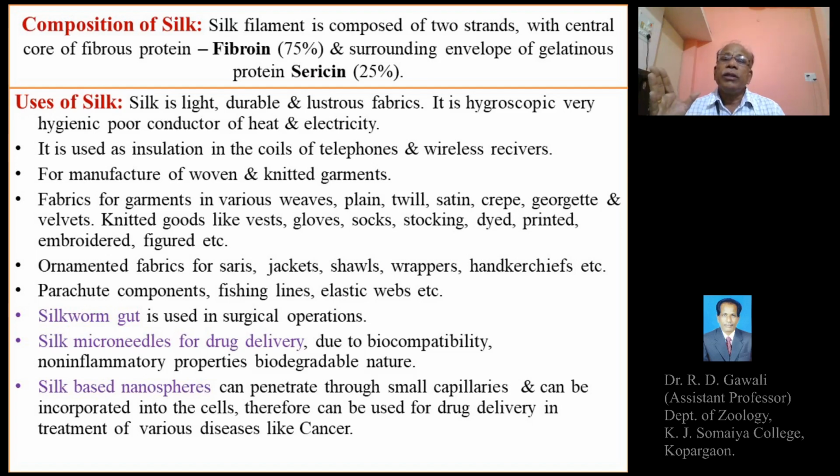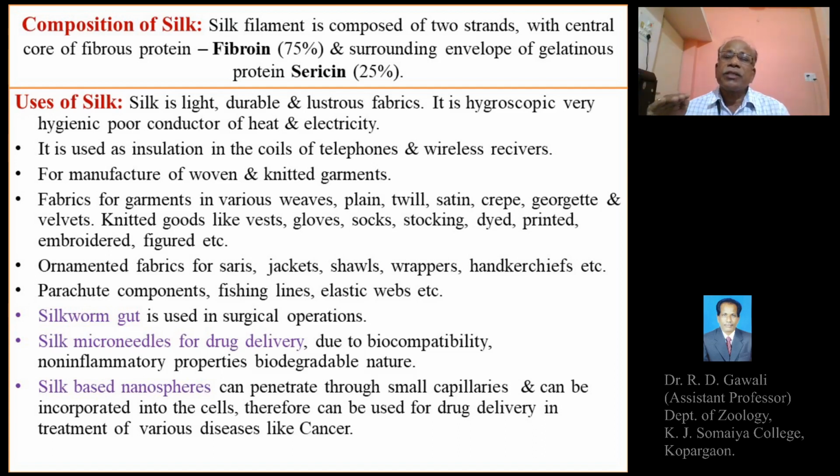Due to this only we can use the silk or different products of the silk or different modified products of the silk in the biomedical applications, like use of silkworm gut in surgical operations, or use of silk microneedles for drug delivery, that is injection, for the injection of the medicines, because these are having non-allergic action, non-immune action, non-cytotoxic, biodegradable.